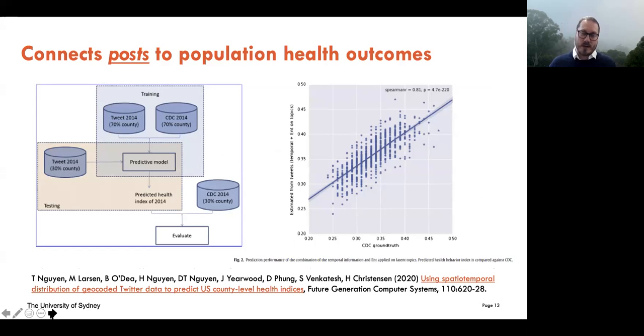And one of them was around mental health, and this one happened to be around sleep. And so they split their data into training and testing, which is an appropriate way to do a machine learning model. And then they built up some methods to try and understand whether or not they could essentially predict the number of hours people sleep based on a whole bunch of indicators that came from the text of those tweets.